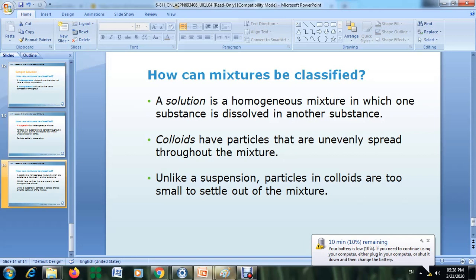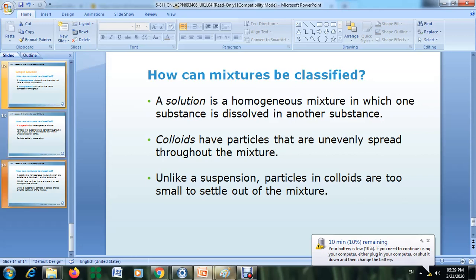Actually, it's the solution here. If you have a light, you can see through it. So a solution is a homogeneous mixture in which one substance is dissolved in another substance.